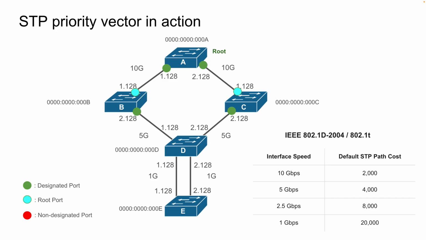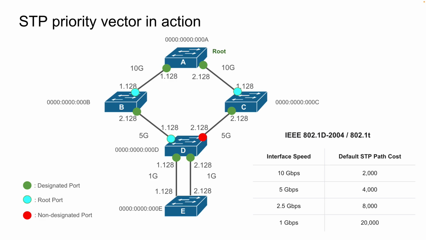Well, switch D must calculate which port is going to be the root port and which port must be blocked. If switch D doesn't block any of the two ports, we will have a layer 2 loop, right? How does it do it?